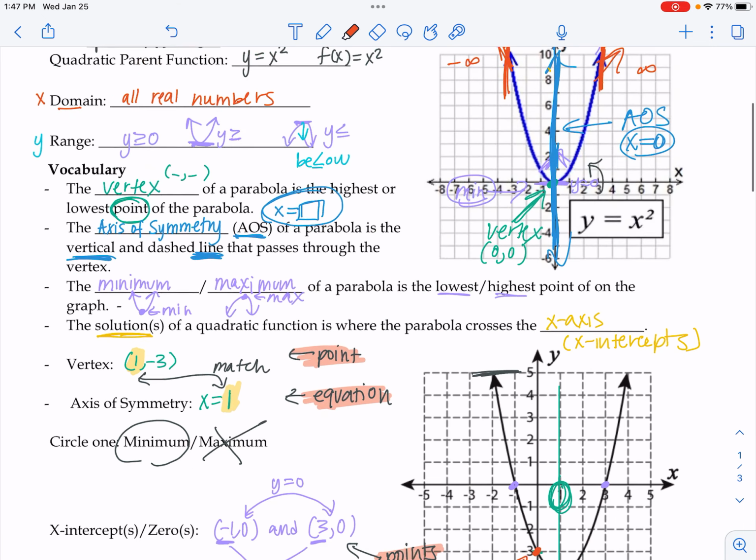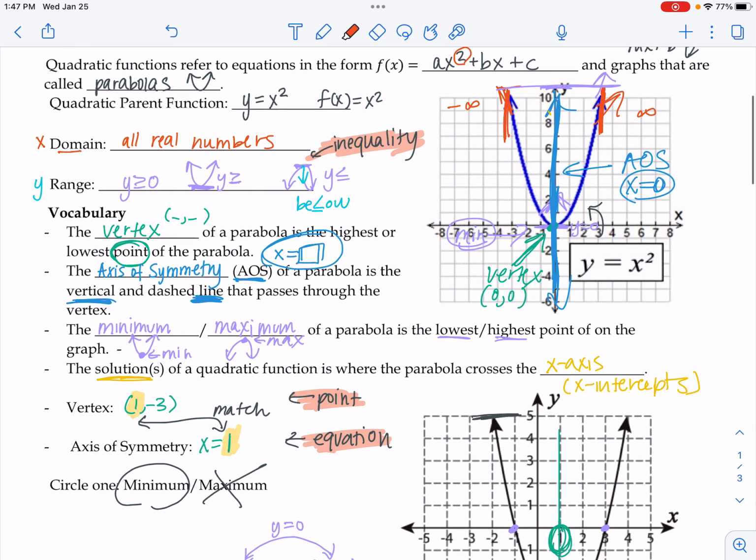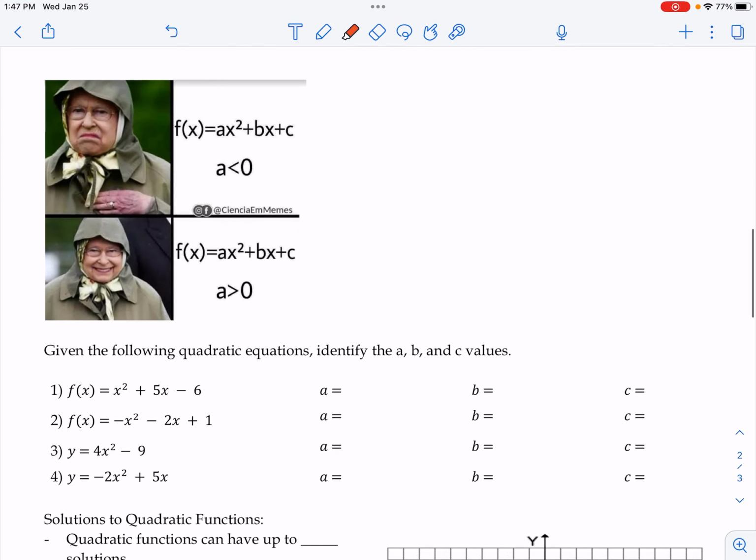Okay, your range is an inequality. And then domain is all real numbers all the time.